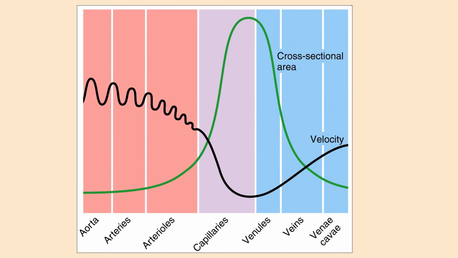As those arterioles give rise to capillary beds and branching occurs, we see this surge in surface area available. And that surface area is important because exchange occurs across the surface. So the more surface area that's available, the more opportunity there is for exchange. And as that blood continues through the capillaries into the venules, veins, and back to the heart, the cross-sectional area is dramatically reduced.